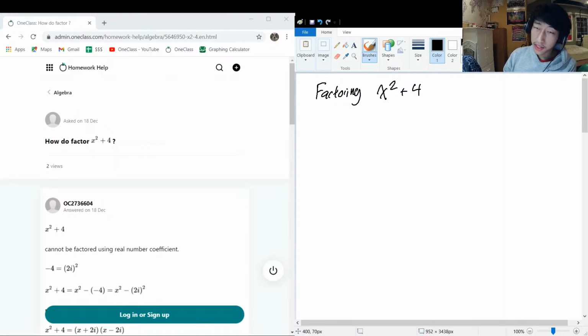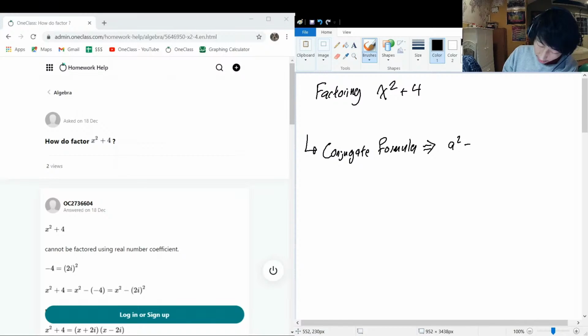So now this has a very similar type of atmosphere as conjugates. So here we have our conjugate formula. Suppose we have a squared minus b squared. This is the same as saying a plus b, a minus b.